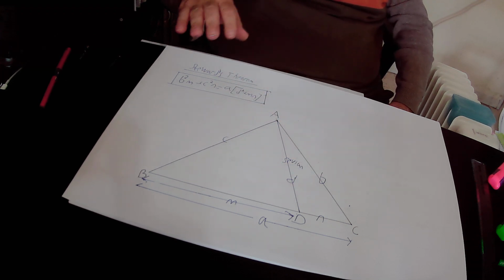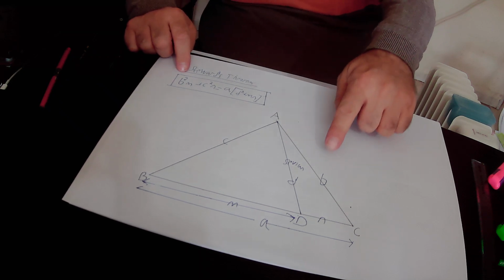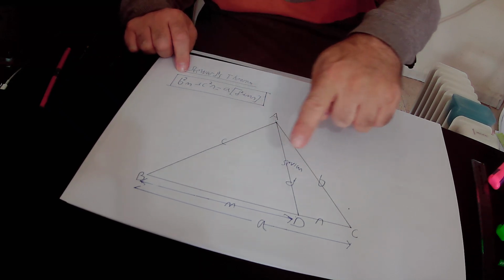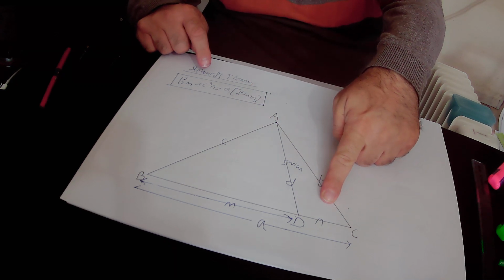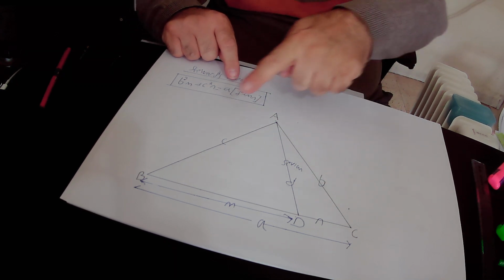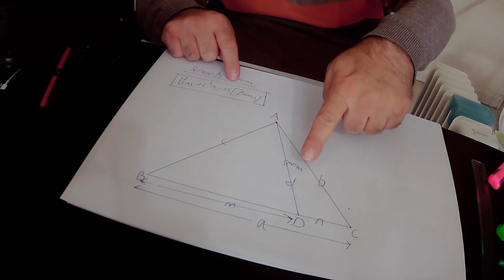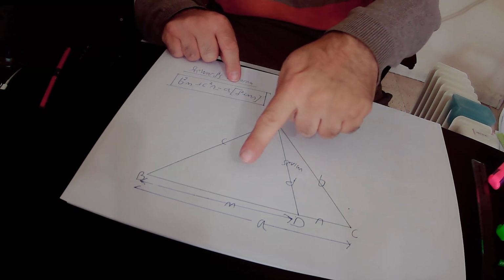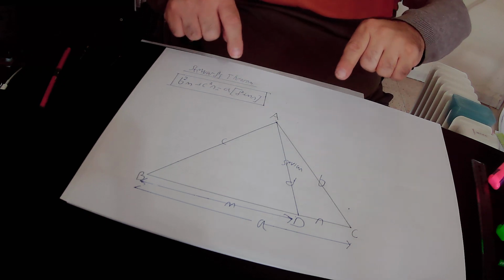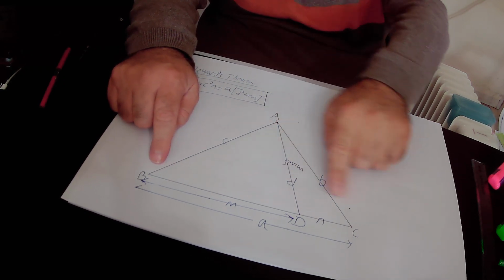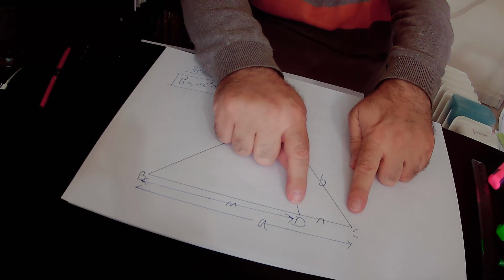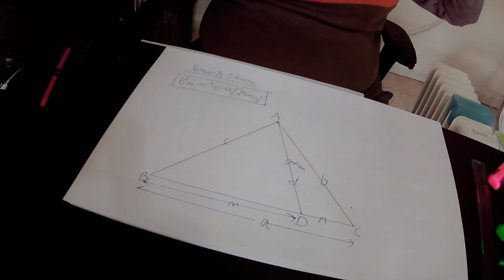According to Stewart's theorem, b squared times m plus c squared times n equals a, and inside the brackets we have d squared plus m times n. Of course, line segment BD equals m units in length, and line segment DC equals n units in length.